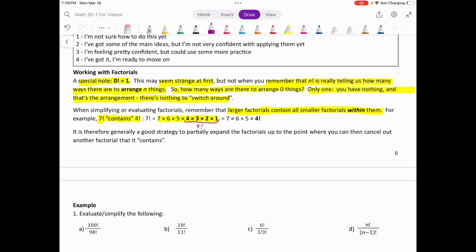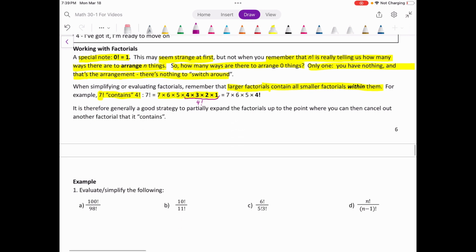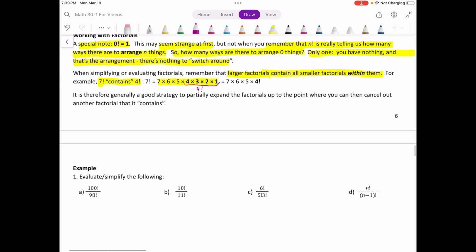So really, you could think of 7 factorial as 7 times 6 times 5 times 4 factorial, because 4 factorial is just 4 times 3 times 2 times 1, right? And this fact can often help us simplify these factorial expressions like we're looking at in some of these examples. Looking ahead a bit, 100 factorial is being divided by 98 factorial.